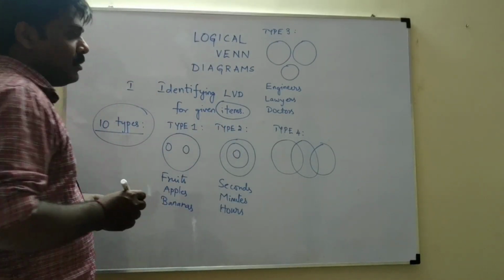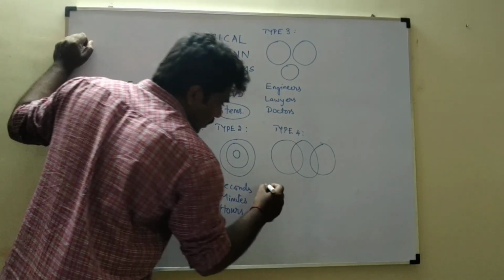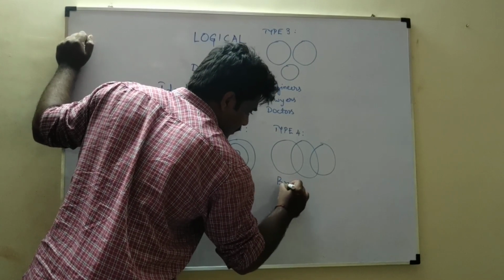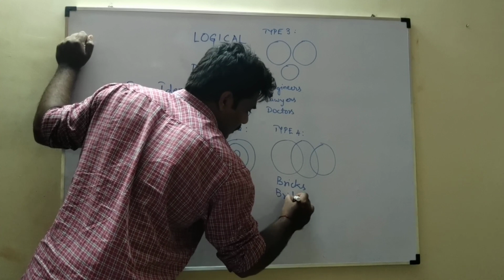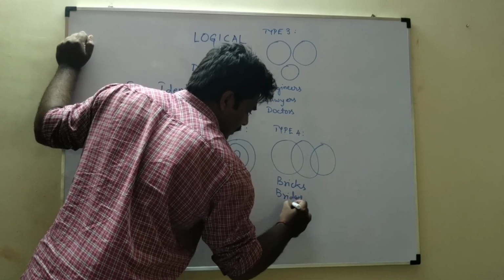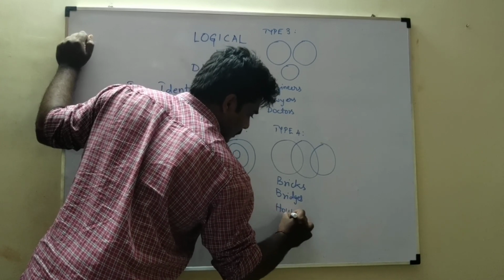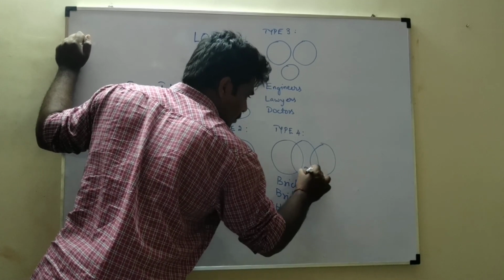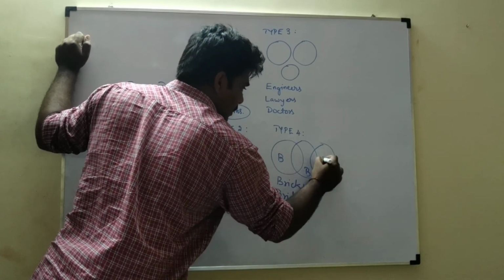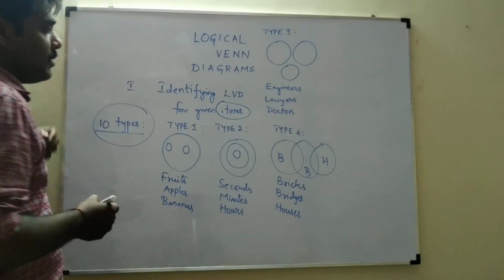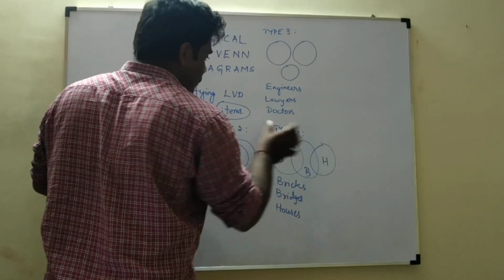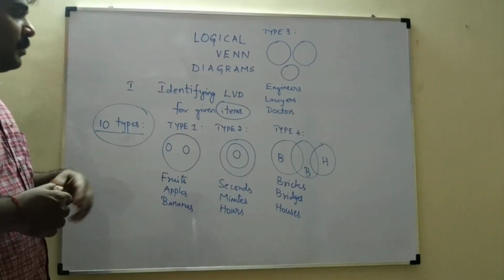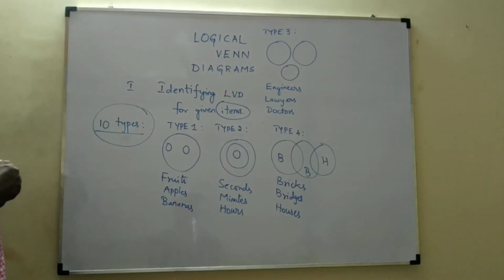The best example for this is bricks, bridges, and houses. Bricks are used to build buildings as well as houses, but all bricks are not used to build only these 2 items. And similarly, bridges and houses are different from one another.